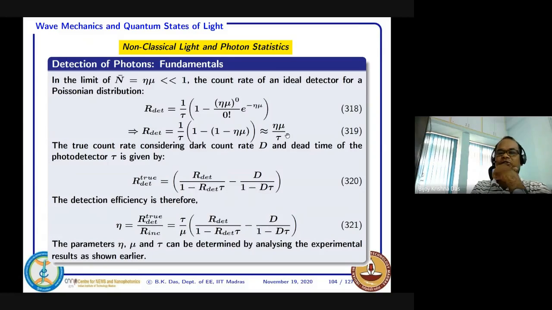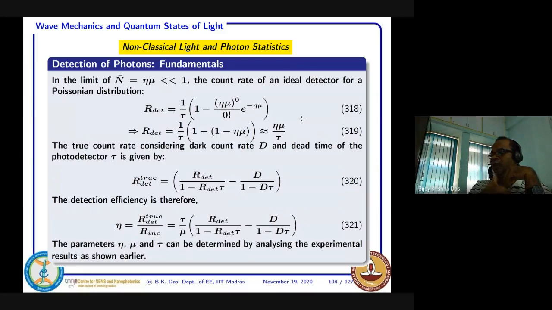Ideally, this is shown when the source is brought down to the single photon level and eta mu is small. So all these conditions will be there. Our ultimate goal is that if we can separate one particular photon, what is the efficiency of detecting a single photon, even with a very ideal source, whether you can detect perfectly and how much accuracy there will be.